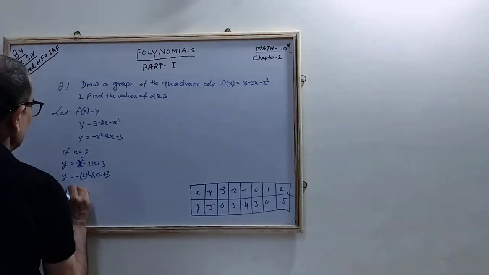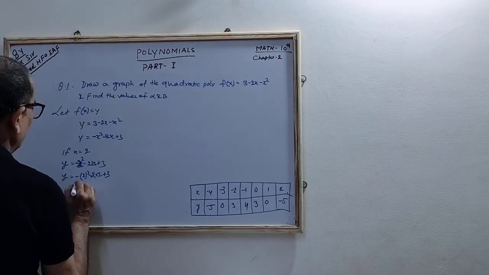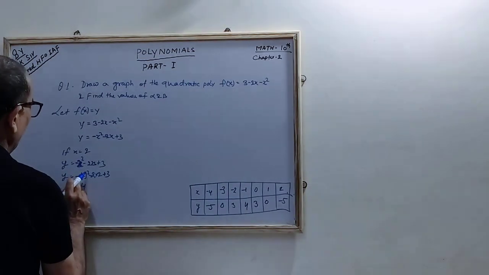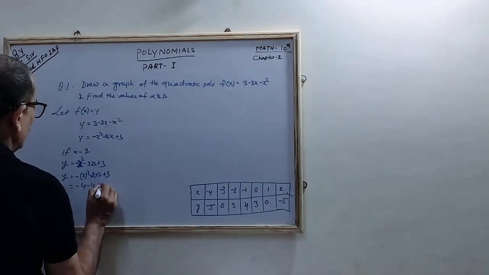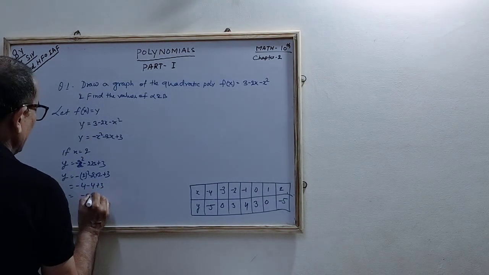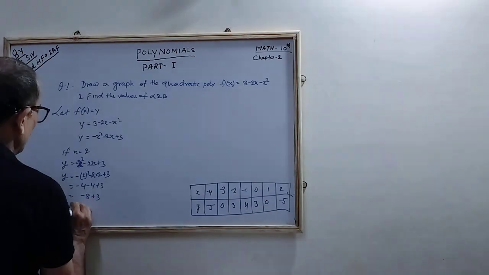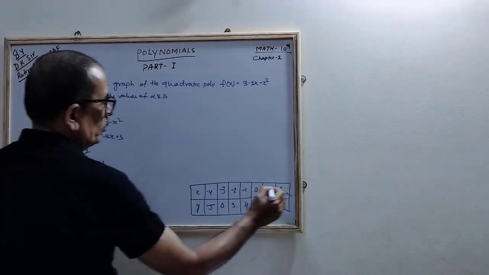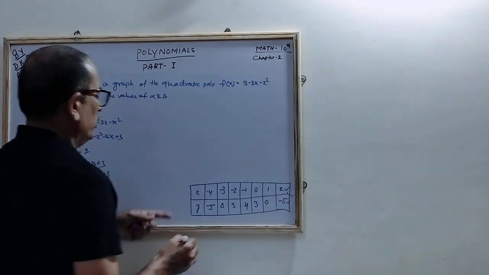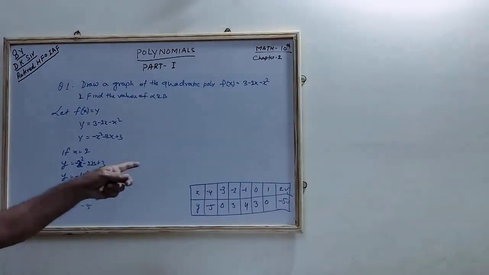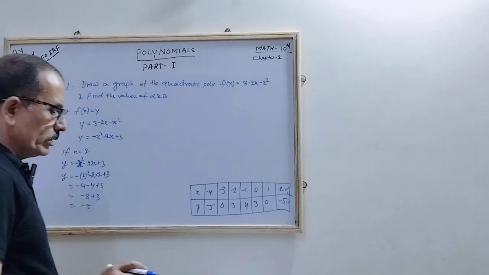How much is it? Minus 4, minus 4 and plus 3, that is minus 8 and plus 3. So you are getting minus 5. You can see that when you put 2, you get a y value of minus 5. One by one, you can put the values and find out.